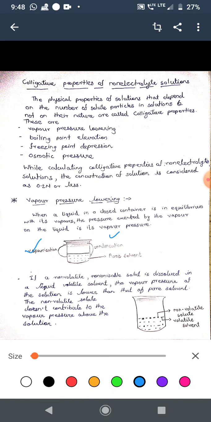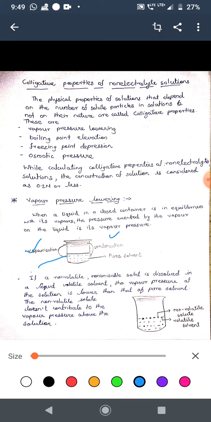Initially the molecules on the surface of the pure liquid, you can observe here, all convert into gas, and as the number of liquid molecules is large, the rate of vaporization initially will be high and the rate of condensation will be low.